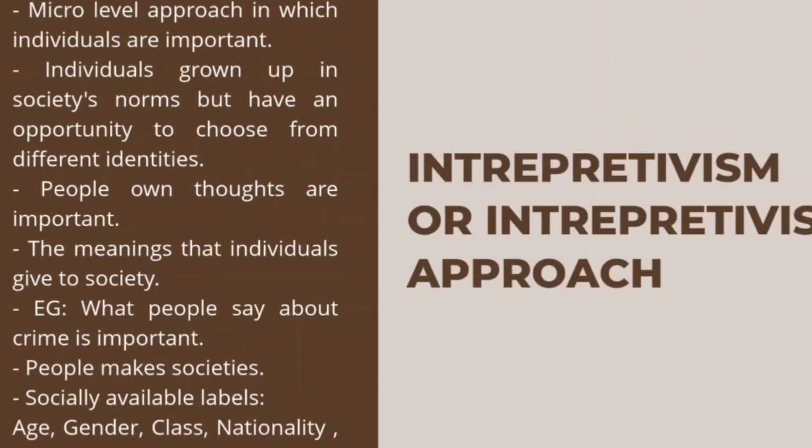The structuralist approach was macro level, where you were seeing society as a whole, but the interpretivist approach is a micro level approach in which you are saying that individuals are important. So why are individuals important? Because even if they are bound by certain rules, regulations and limits, they still have choices.